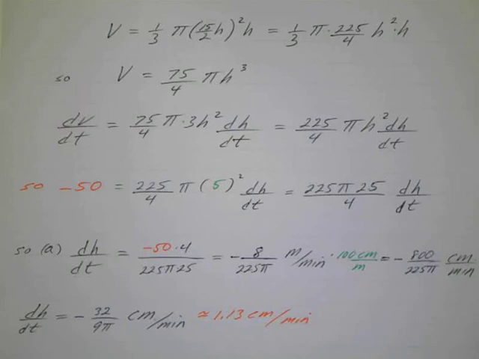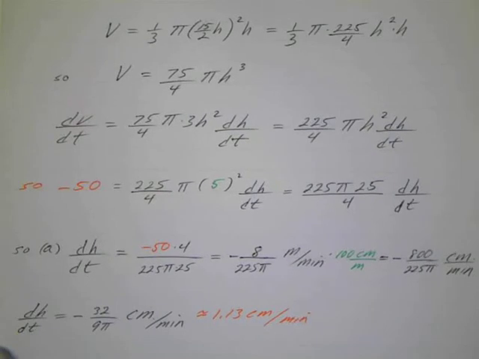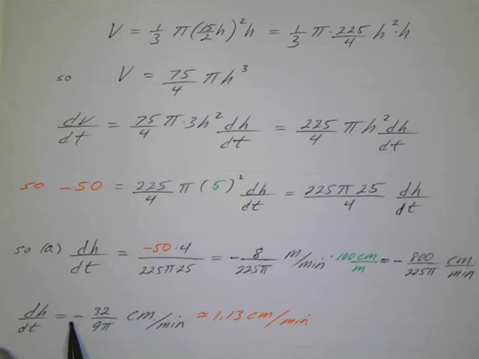And then I can reduce this by 25. 25 goes into 800: every 100 there's 4 quarters, so 4 times 8 is 32, so there's 32 quarters in 800, and in 225 there are 9 quarters. So I can reduce the top and the bottom by 25. So I get negative 32 over 9 pi centimeters per minute, and that rounds off to approximately 1.13 centimeters per minute.